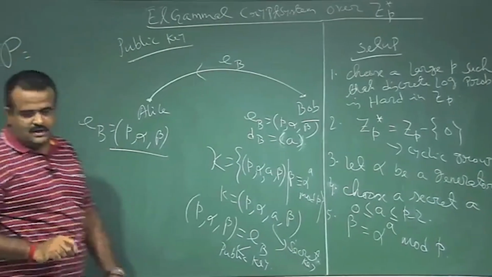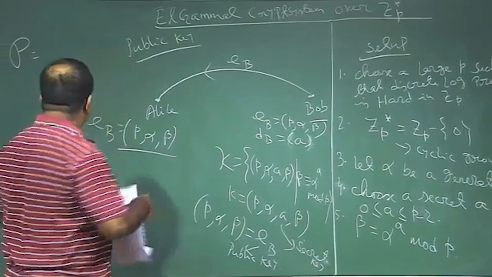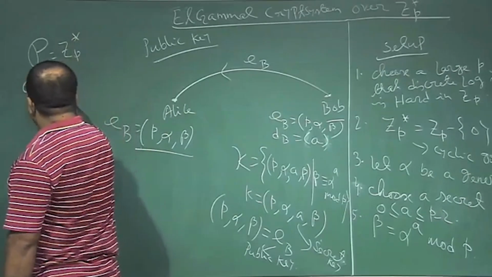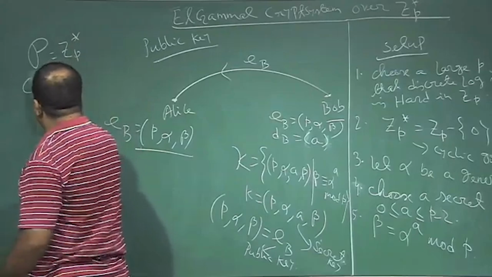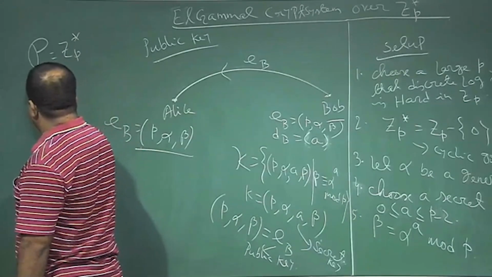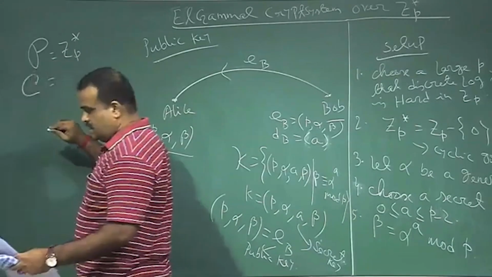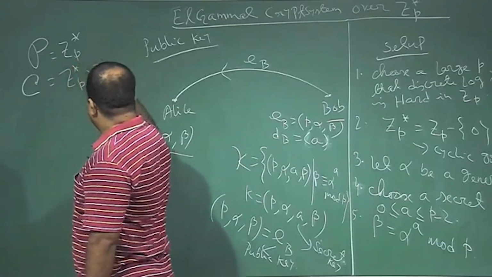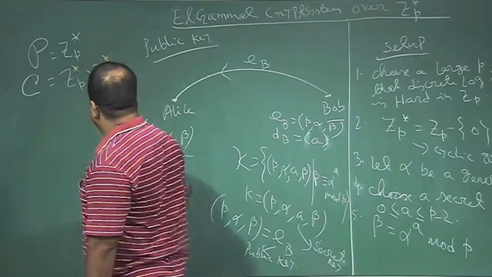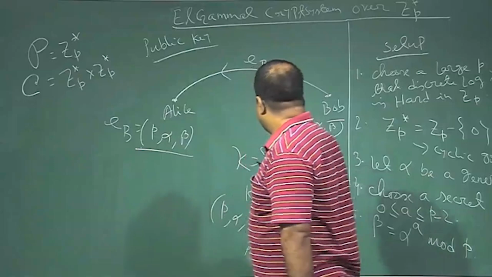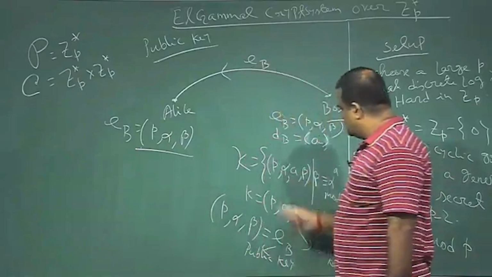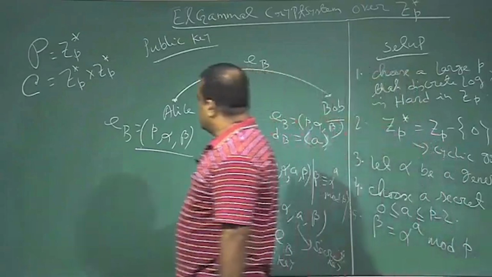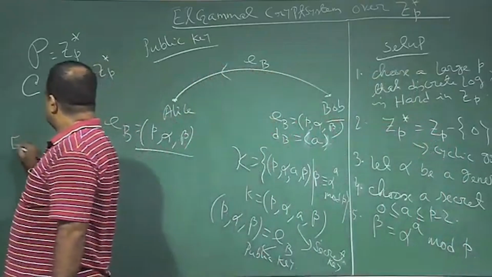P is basically ZP star, the plaintext space, and C is the ciphertext space. Ciphertext has two parts, Y1 and Y2. It is basically ZP star cross ZP star, and K is the key space. It has a four-tuple like this. So the encryption is as follows.